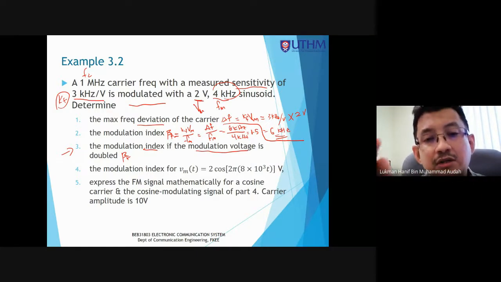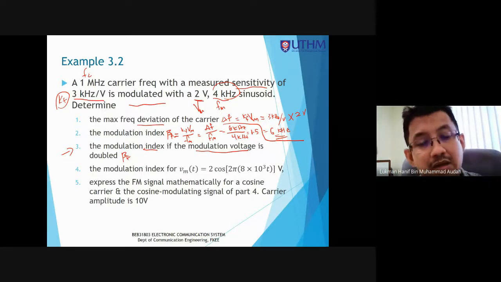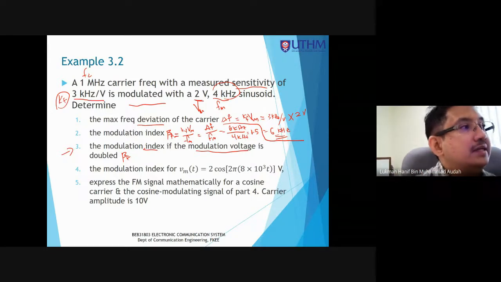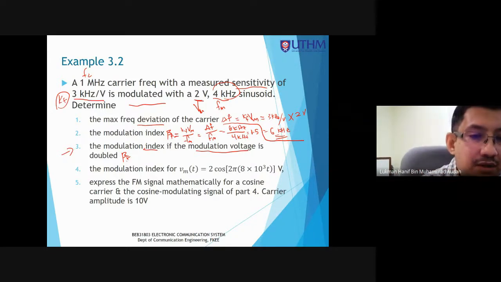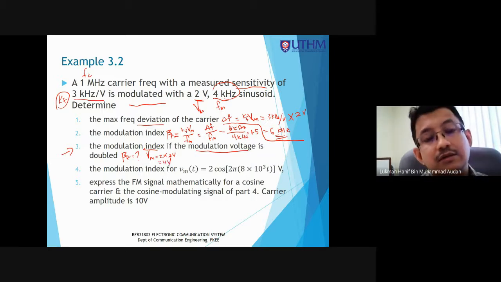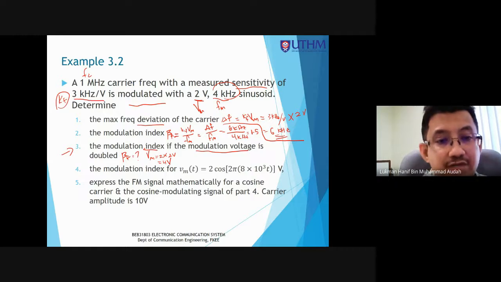Modulation voltage ataupun modulating voltage dalam kes ini merujuk kepada nilai Vm. If let's say the Vm is double, Vm now is 2 times 2 volt, so it becomes 4 volt. So how much is beta f when Vm is equal to 4 volt?